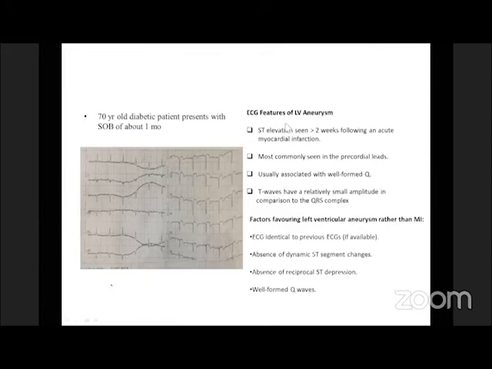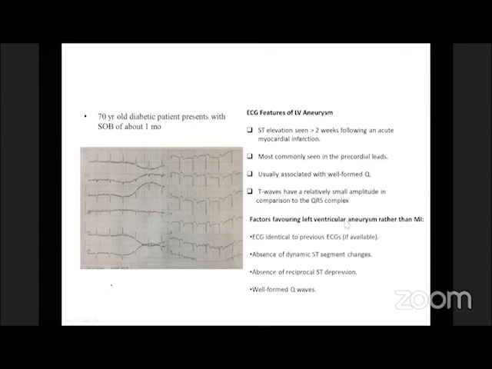So the ECG features of LV aneurysm: there is ST segment elevation seen more than 2 weeks following an acute myocardial infarction, and most commonly seen in precordial leads. Usually associated with well-formed Q wave, and T waves have relatively small amplitude in comparison to the QRS complex.